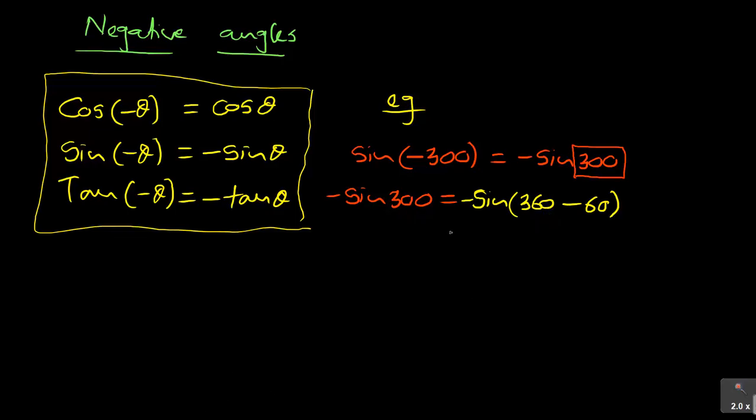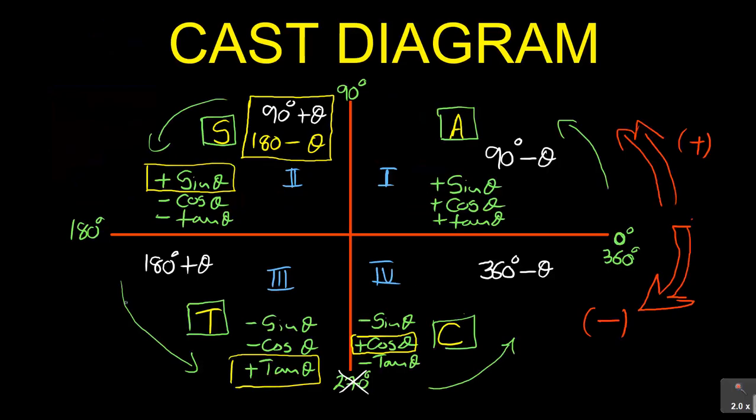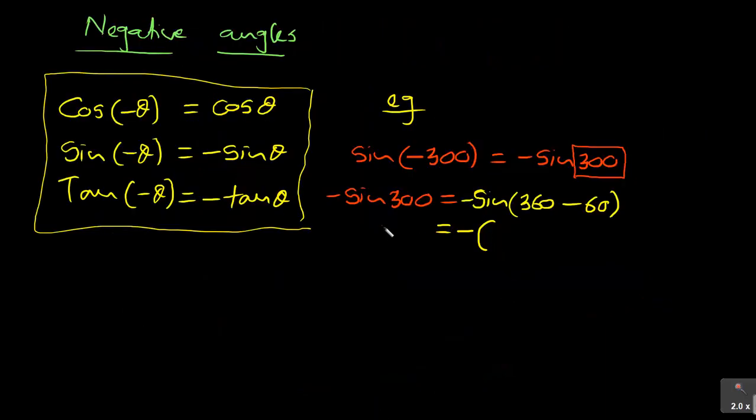Now when you move on, the next part is you say minus, you put a bracket, and you ask yourself, when you are reducing, what is sine in this particular quadrant? You'll discover that sine in this quadrant is negative. So you'll have the second negative now, which means it will be minus sine 60.